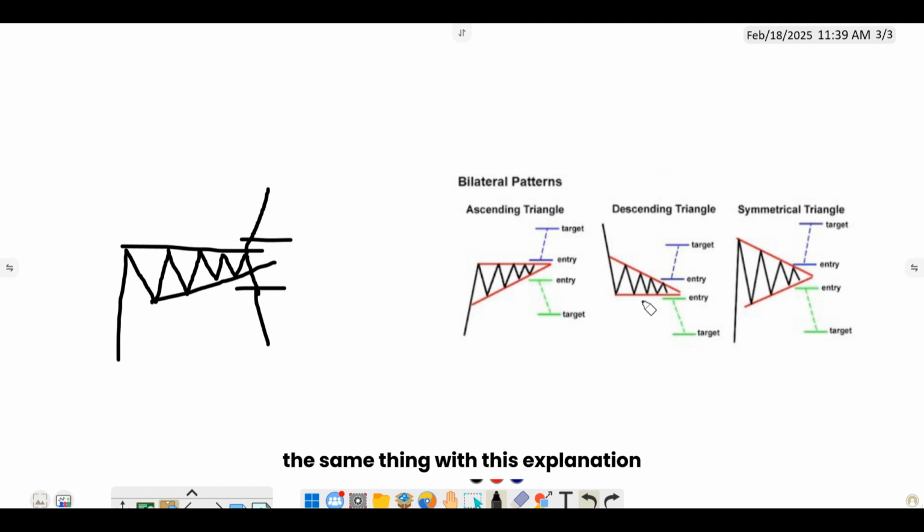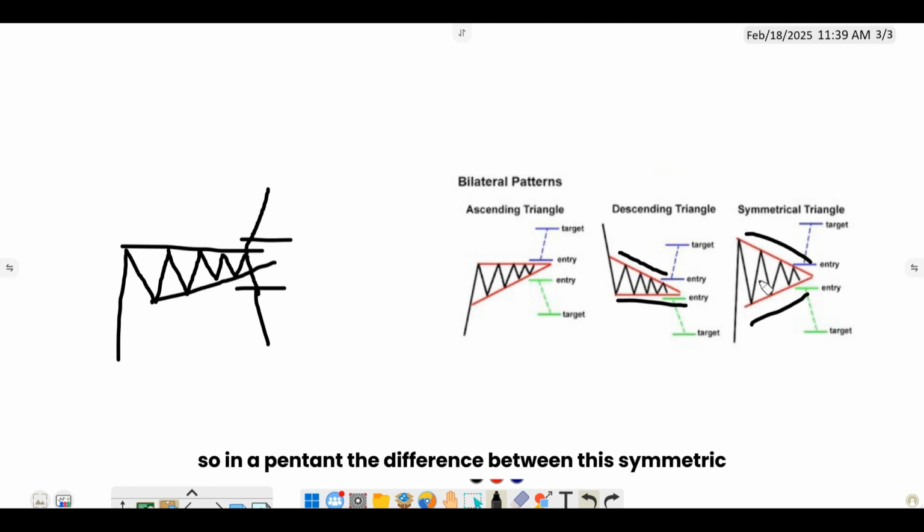The same thing with this explanation. We have the trend line here, the support level there, and the trend line here. If the market breaks out from any of them, we have our entry there. We have two trend lines squeezing from a very huge movement. The difference between a symmetric triangle and a pennant is that in a symmetric triangle, the distance between the trend lines is very wide.